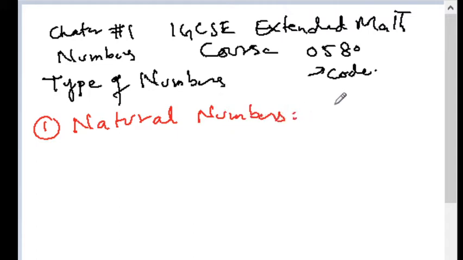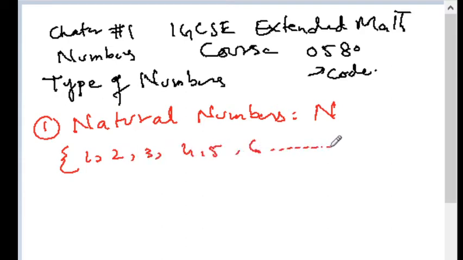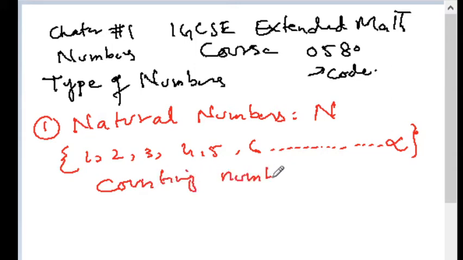Natural numbers are represented by capital N. These numbers can be written as 1, 2, 3, 4, 5, 6 and so on. They go towards infinity because they are infinite. We cannot count these numbers. They are sometimes called counting numbers. Okay, so this is about natural numbers.